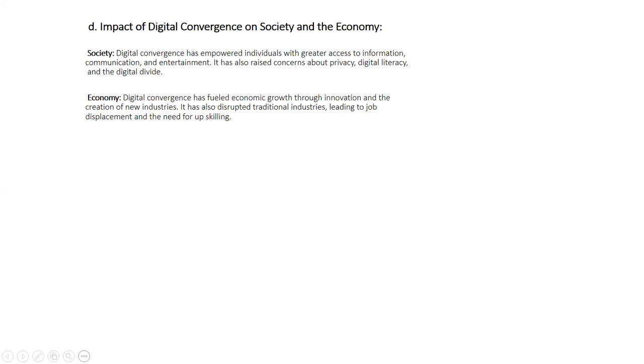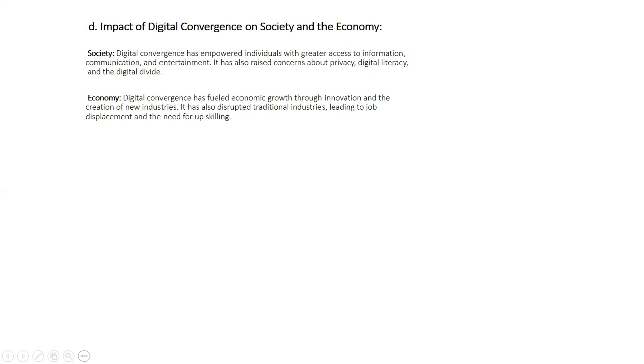Then on the side of the economy, digital convergence has fueled economic growth through innovations. A good example is SpaceX, through innovations like AI and other technologies, and the creation of new industries. Another example is artificial intelligence machines and robots, the creation of new industries, which are robotics.